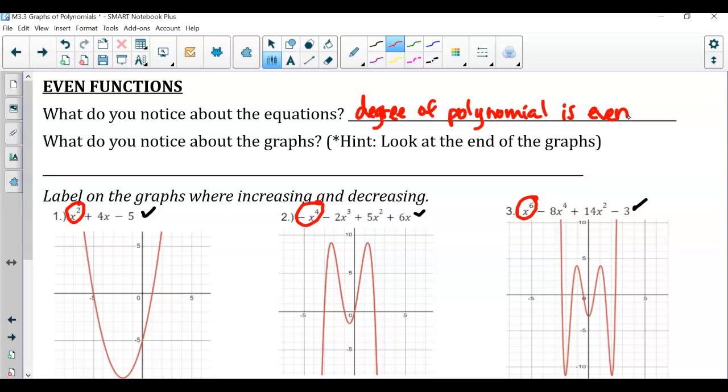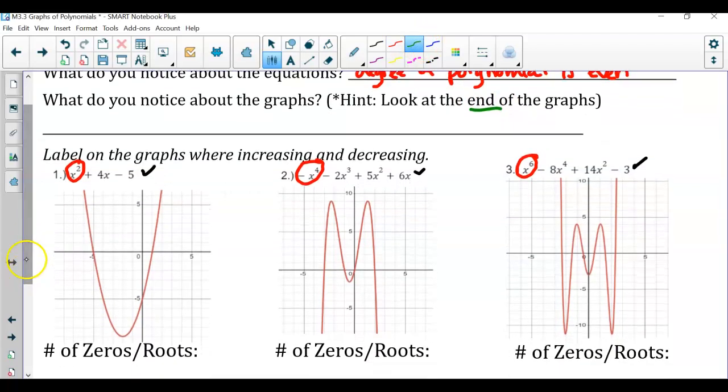Now, what do you notice about the graphs? The hint is we're looking at the ends of the graphs. I'm just going to draw arrows here because they don't really stop. They continue on and on. So what do you notice that these graphs have in common?